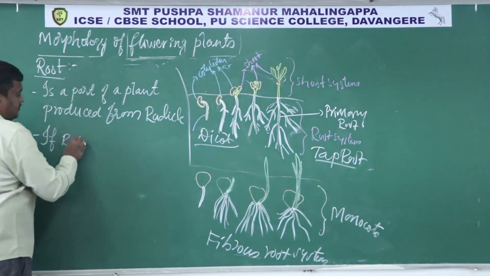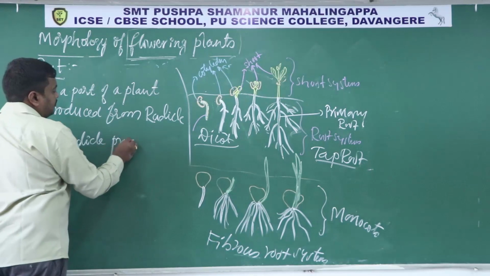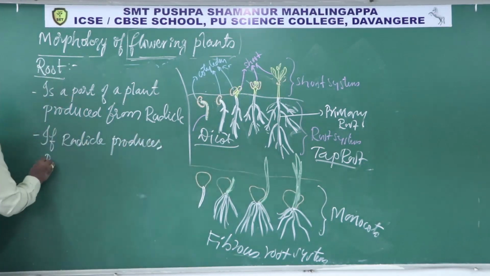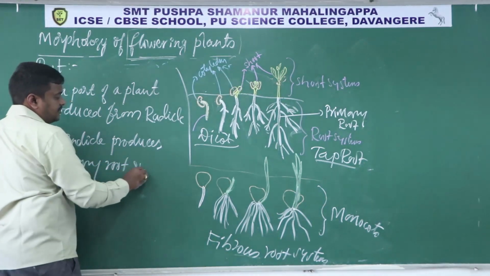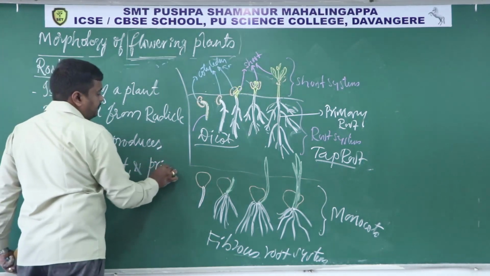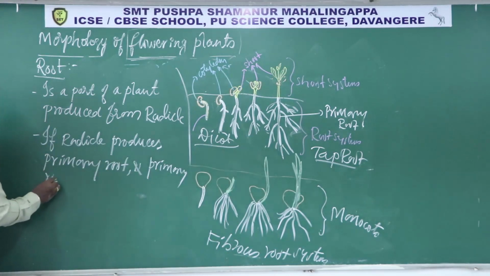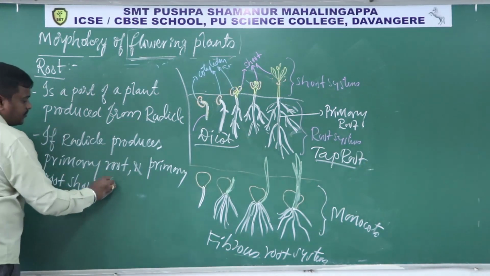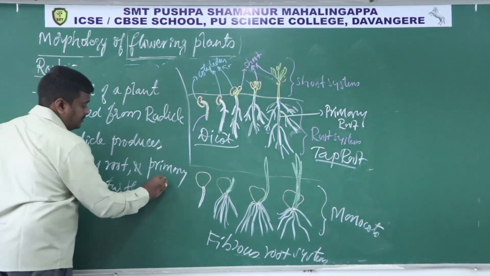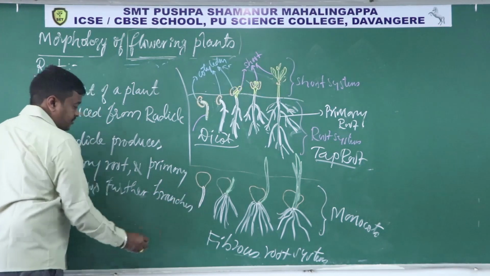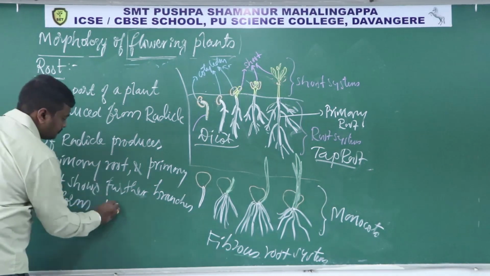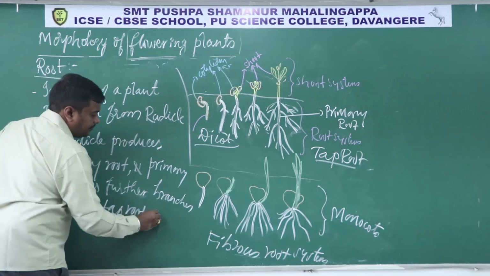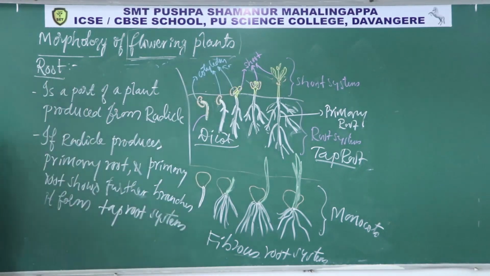If a radical produces a primary root and the primary root shows further branches, it forms the taproot system. Okay, ಅದು ಮತ್ತೆ branches ಆಗಿ it can produce the taproot system.